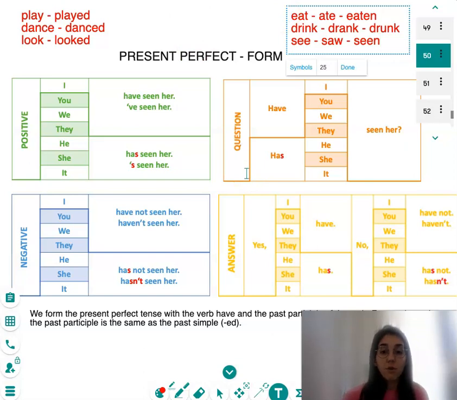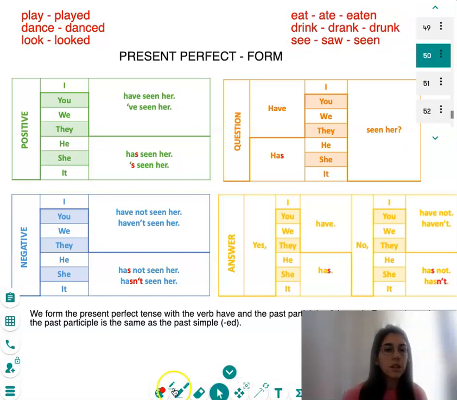So let's move on to the form here. It is worth noting that whenever you are making a present perfect sentence using this verb have, when you're talking about I, you, we, or they, as we can see here in every box, no matter whether it's positive, negative, or question, it's always going to be have, okay?